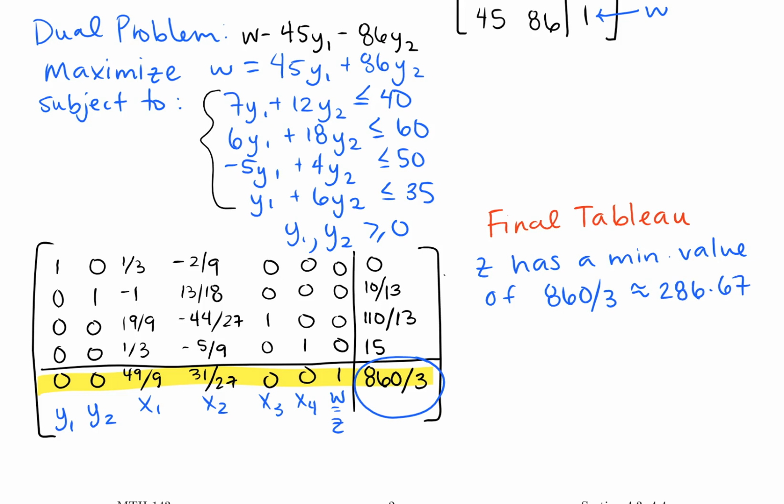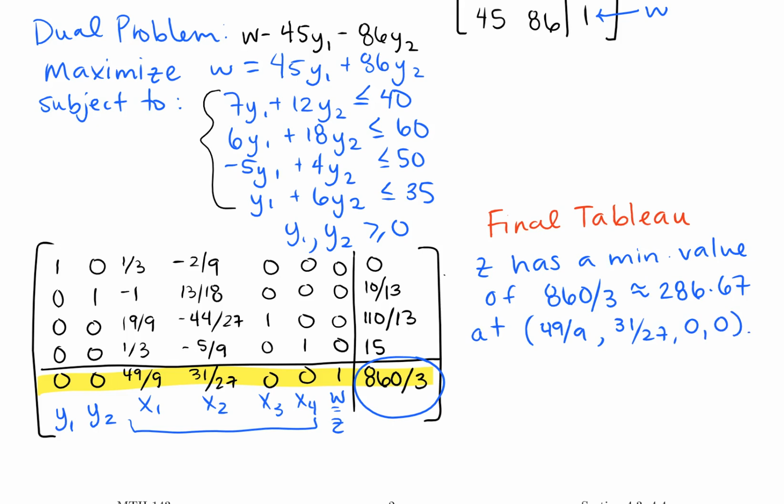So we have a minimum value of approximately 286.67, and this is going to occur at the x1, x2, x3, x4 point given by x1, x2, x3, and x4 from the bottom row. So x1 would be 49 over 9, x2 would be 31 over 27, x3 and x4 would both be 0.